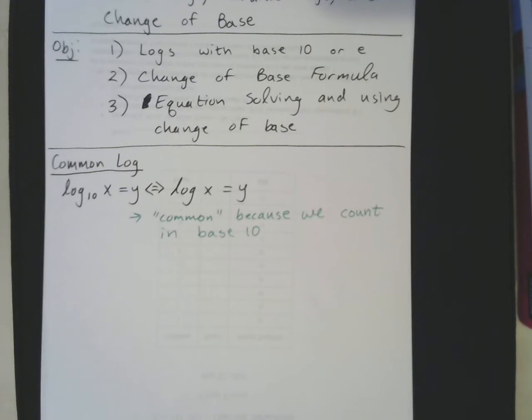And then we start up. Everything after that, 11, 12, 13, is really just 10 plus 1, 10 plus 2, 10 plus 3, until we get to 20, which is 2 times 10. And then 21 is 2 times 10 plus 1, 22 is 2 times 10 plus 2. So we count in base 10. That's why it's the common log.